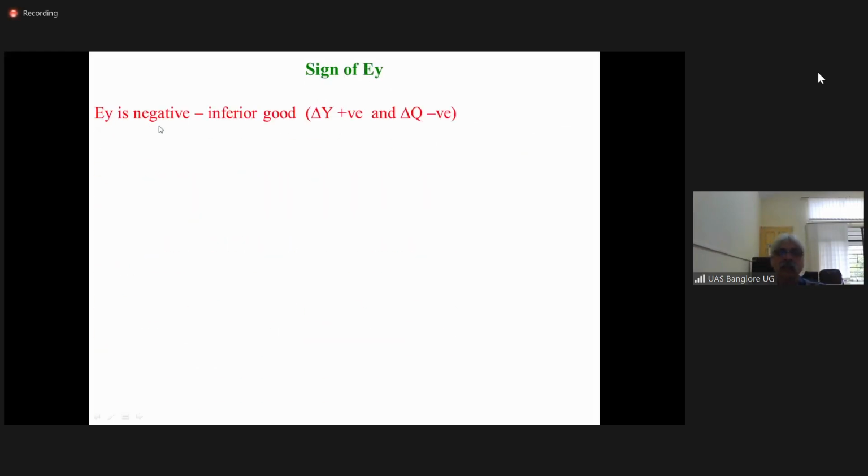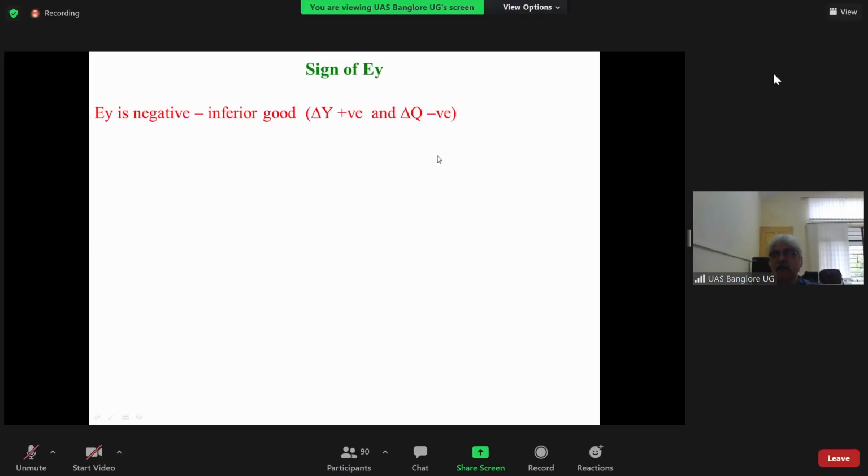Suppose delta Y, change in income, is positive and change in quantity is negative. Because it is delta Q by delta Y, right? I'll go back.